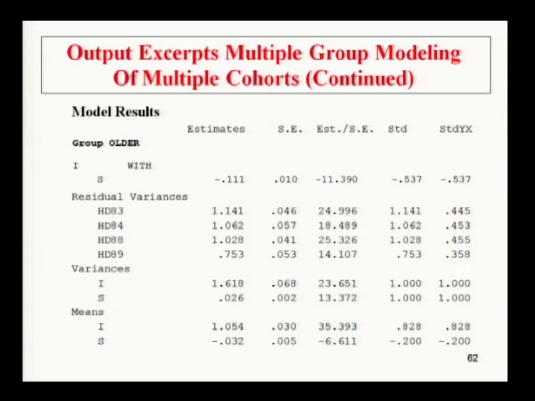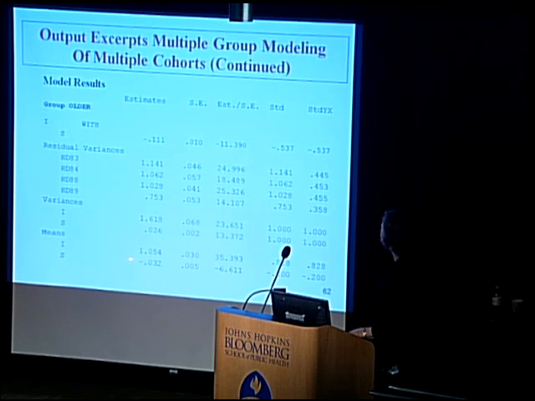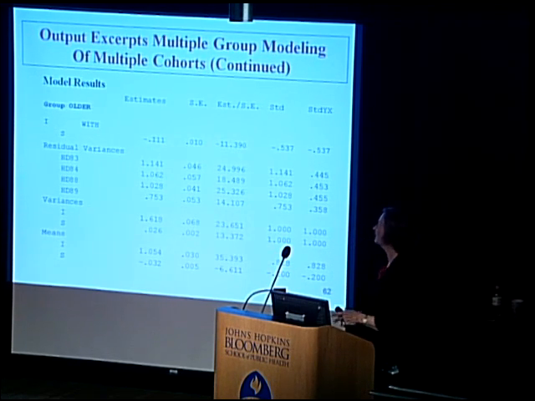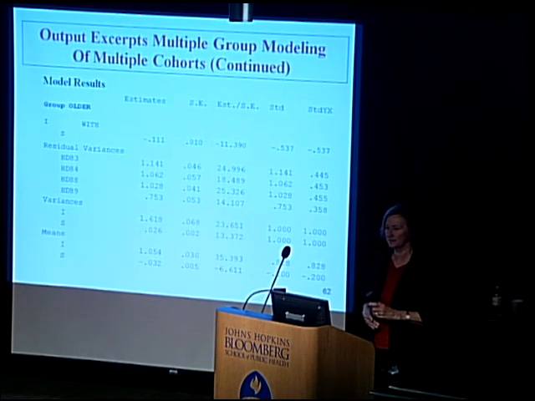Like Bengt said, the mean of I isn't necessarily very interesting, but we are interested in the mean of the slope growth factor, which is negative. And we're looking at heavy drinking over ages, the ages, let me remind myself, 21 to 28. So that would indicate a decrease in heavy drinking across ages.